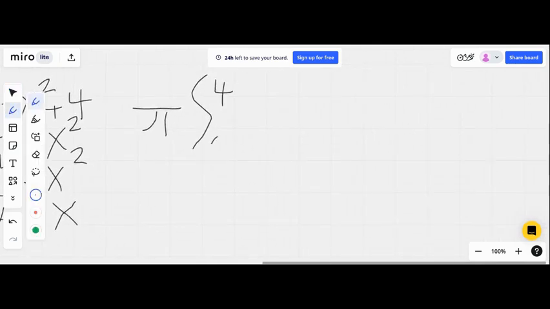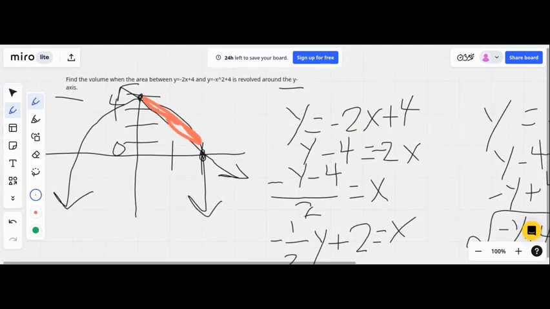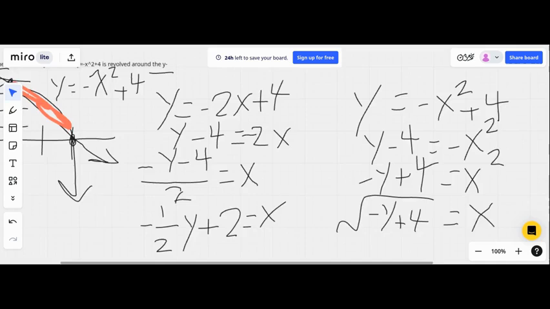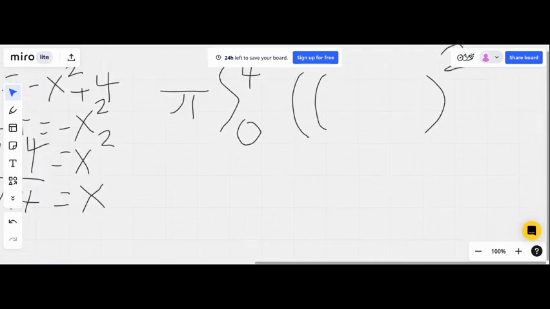And we will do the squared of the right equation minus the left equation. In this case, the right equation is y is equal to -x squared plus 4. So we'll square that in the integral.